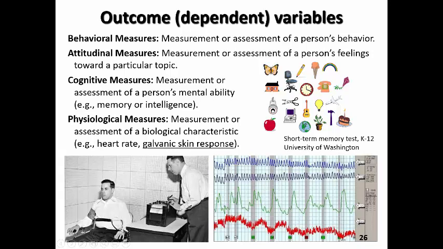A test administrator would ask a series of questions, and by measuring the galvanic skin response, which applies a very small electric current across the skin, the idea is that if a person is lying, that will be reflected in these electrical measurements taken across the skin, as well as in their breathing rate and heart rate.